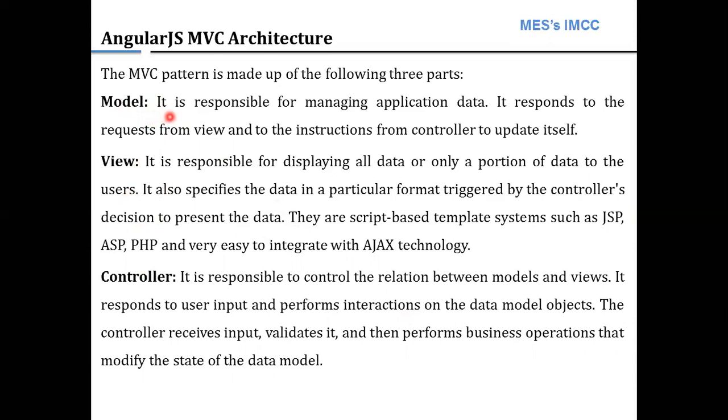Model is responsible for managing the application data. It responds to requests from the view and to instructions from the controller to update itself. So here model is nothing but your actual data. When we fetch the data from the servers, that data needs to be considered as a model.